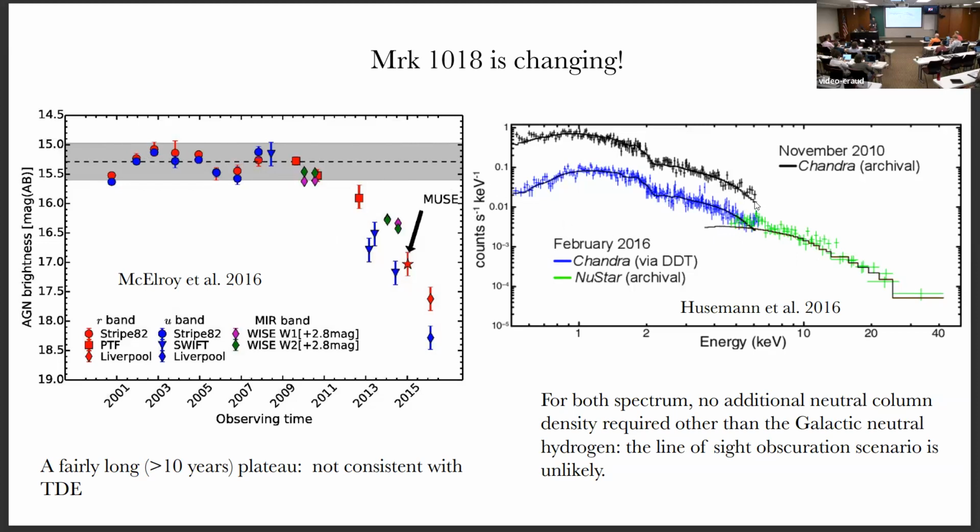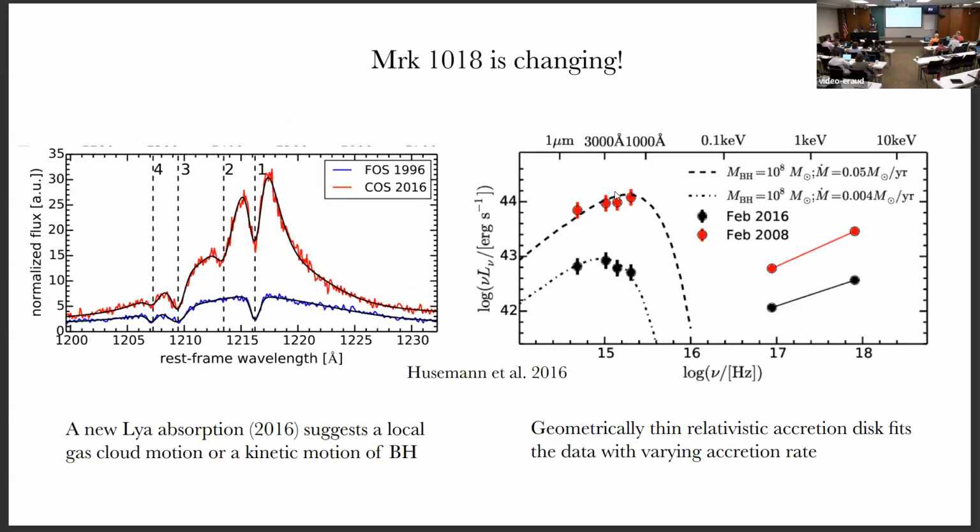Also, if you look at the X-ray spectrum, both spectra require no additional neutral hydrogen column density except for the galactic one, so they argue that the line of sight obscuration scenario is also less likely. And this is the Lyman alpha spectrum obtained around 1996 and 2016.